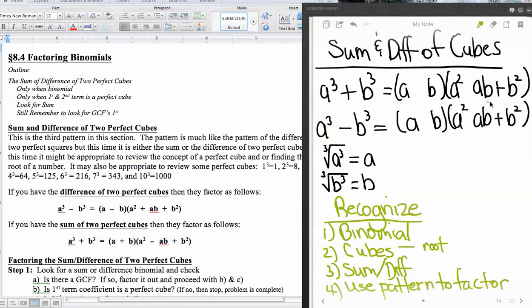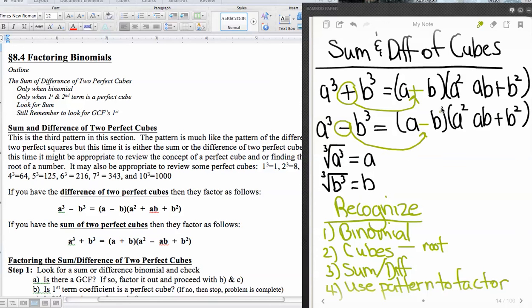Now, this kind of looks like a perfect square trinomial, but it's missing the 2 here. It's not. And now, the only thing that makes these two different is the signs that go here and here. So here, whatever this sign is is going to go into the middle of the binomial. So with the sum, it goes into the middle of the binomial.